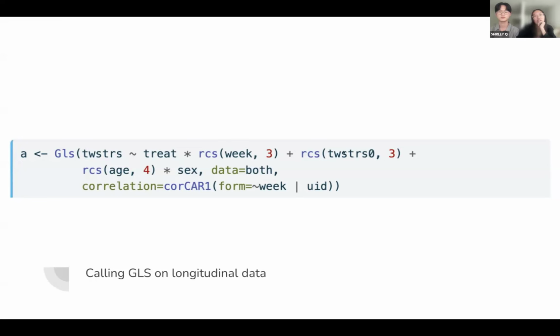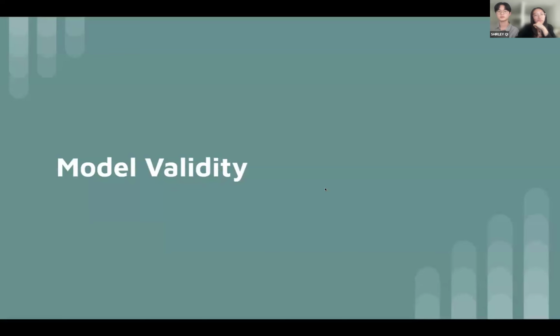And then we also have the baseline, which is also a restricted cubic spline, and then we also have the age, which is interacting with the sex. And then the correlation that we decided to use is called corAR1, just because it had the lowest AIC score when we tried the different correlation structures. And then the form is week by UID because the correlation is between the UIDs.